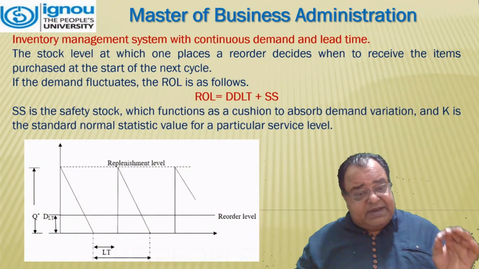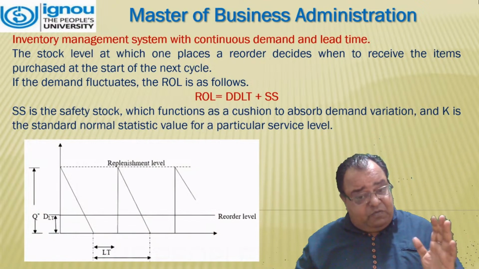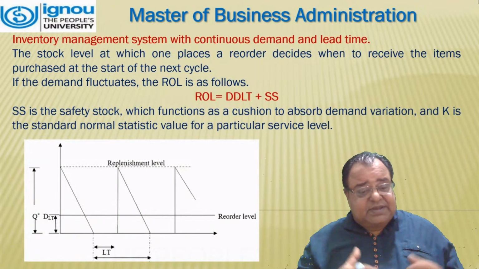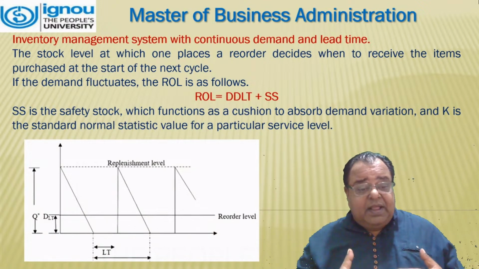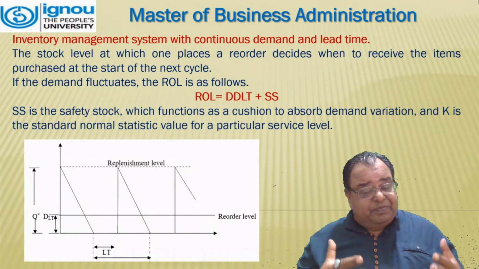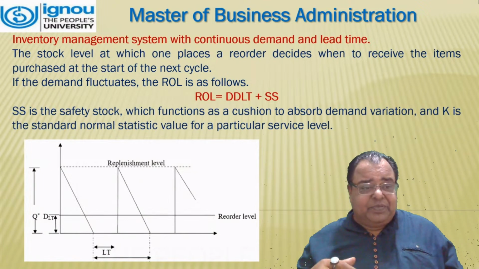And K is the standard normal statistic value of a particular service level. Here in this figure, we can see how these ups and downs provide a cushioning effect.